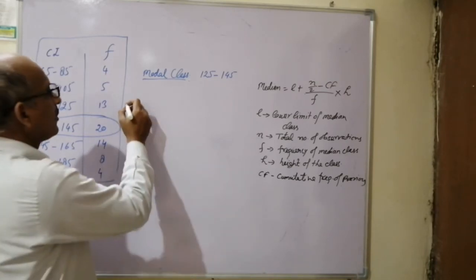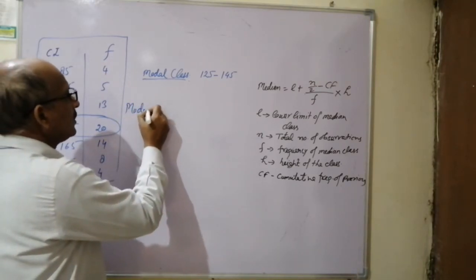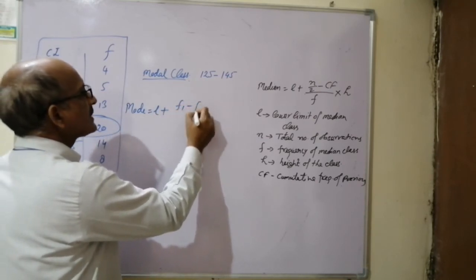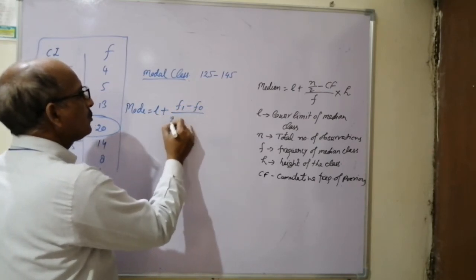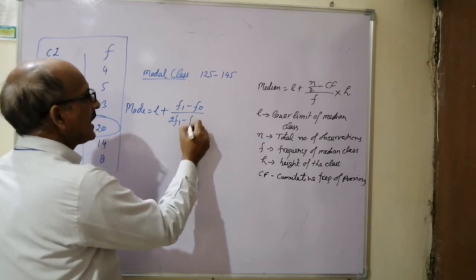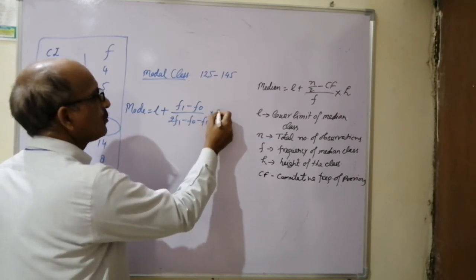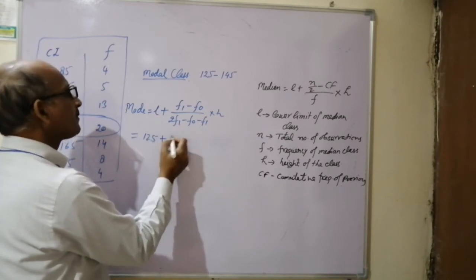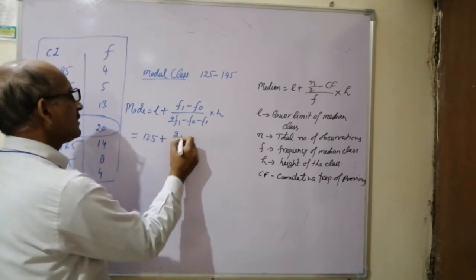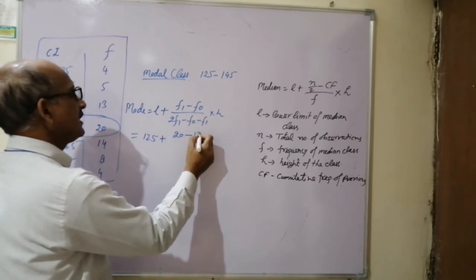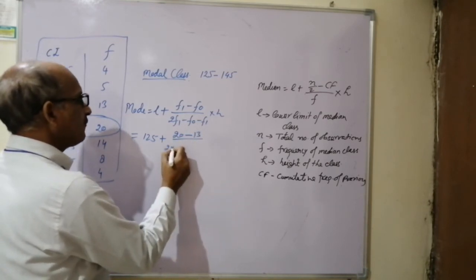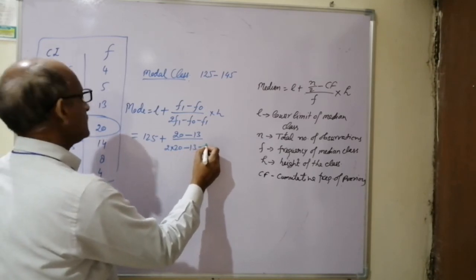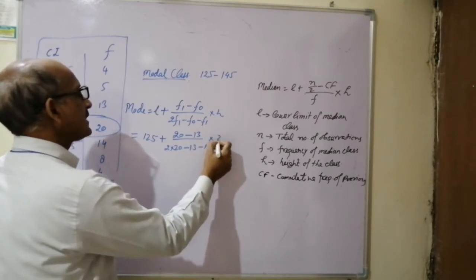Now we get the mode. Mode is equal to L plus F1 minus F0 upon 2F1 minus F0 minus F2, into H. So L is 125, plus F1, which is 20, minus F0, which is 13, upon twice F1 minus F0 minus 14, into H, again 20.